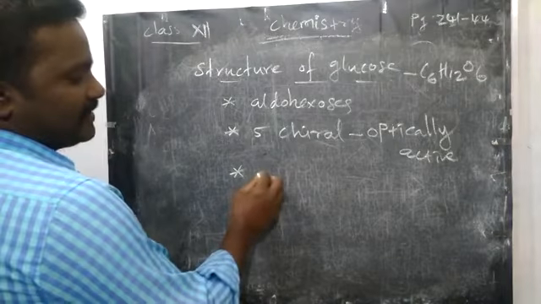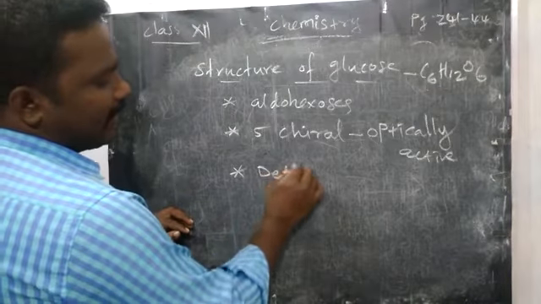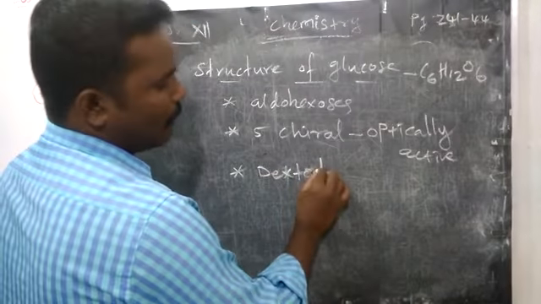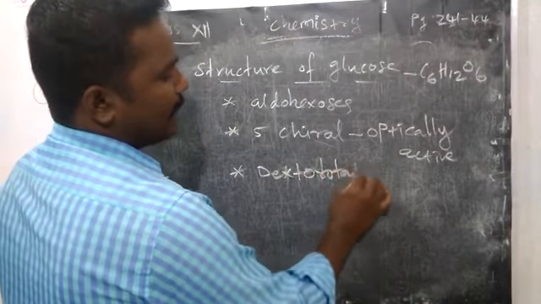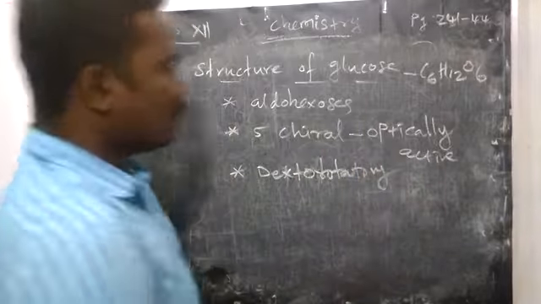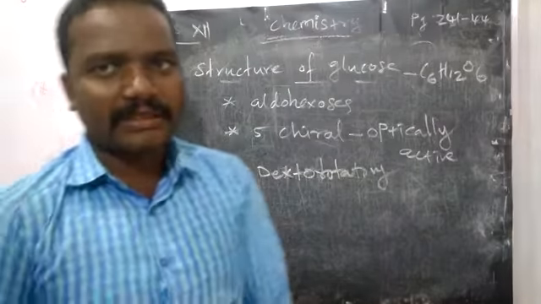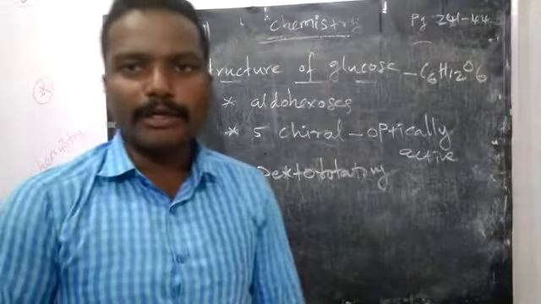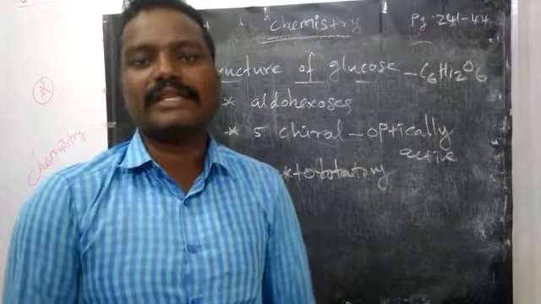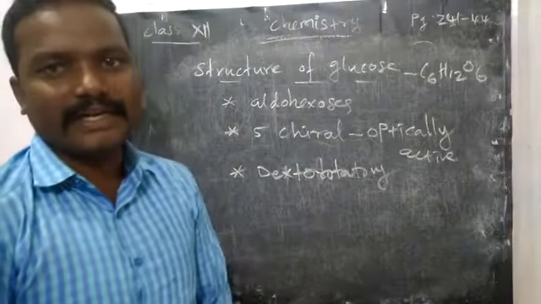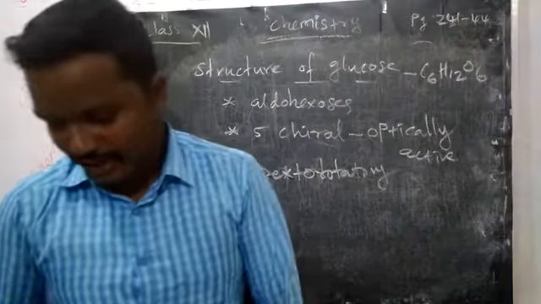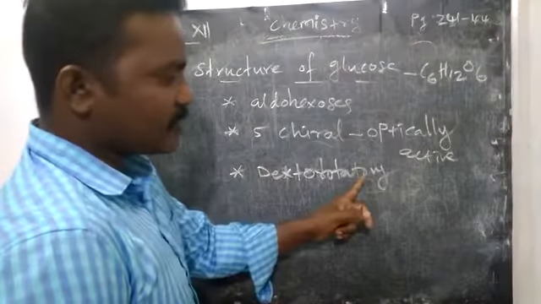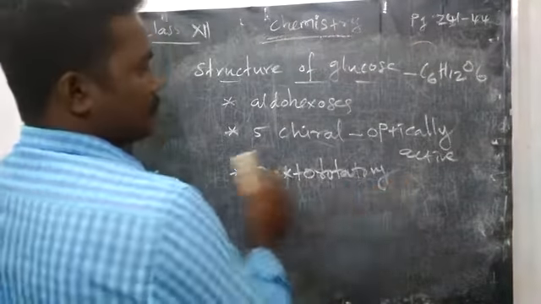Because of that, it is dextrorotatory. Dextrorotation means we will say D. So apart from this, we are going to learn how the structure is elucidated. What do we mean by elucidated? The formation of the structure. Because of dextrorotatory, we can call it dextrose also, right?